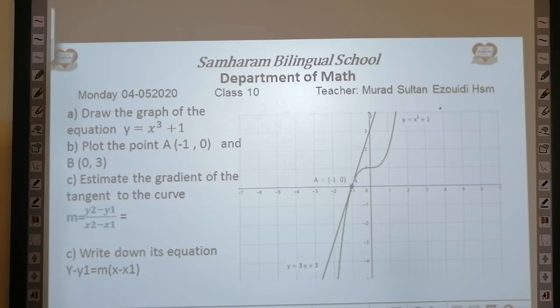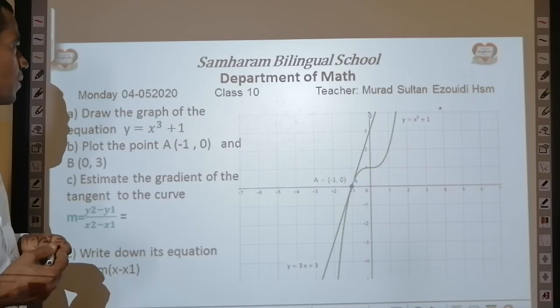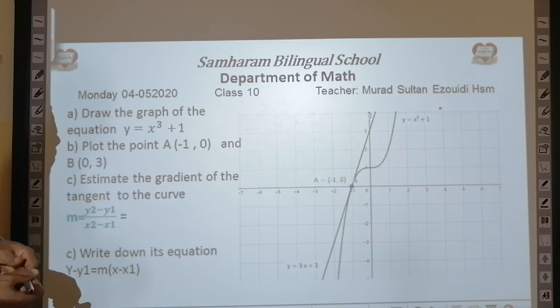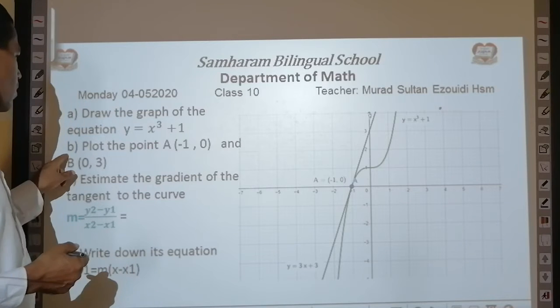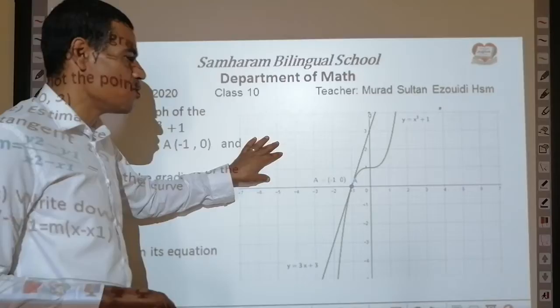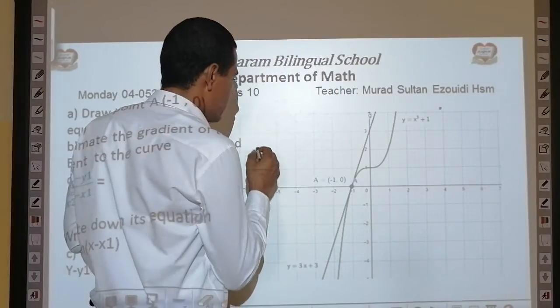Here we have another example. Draw the graph of the equation y equals x cubed plus 1. Then plot the points. Okay. You can use your GeoGebra to do it, or just make it that.